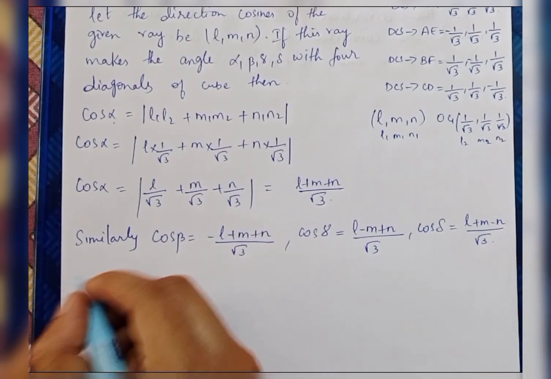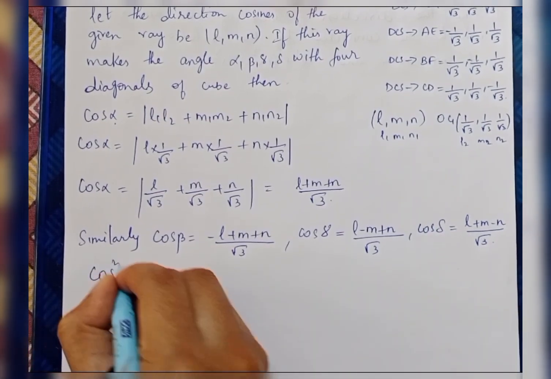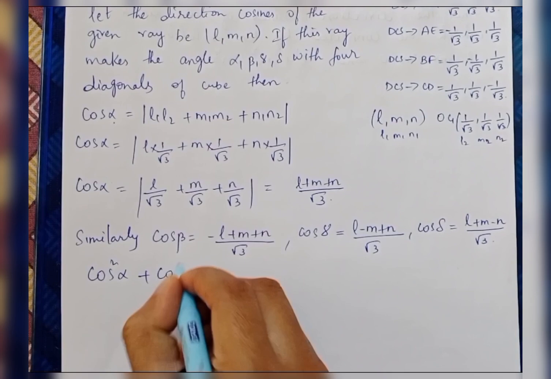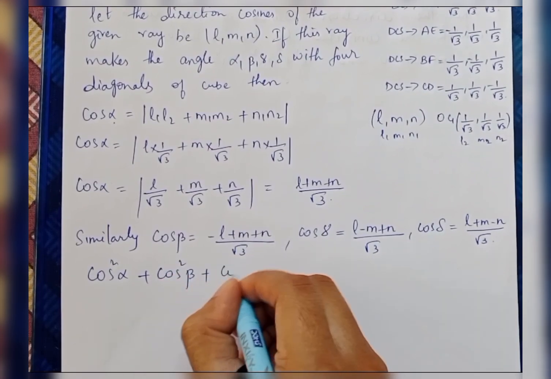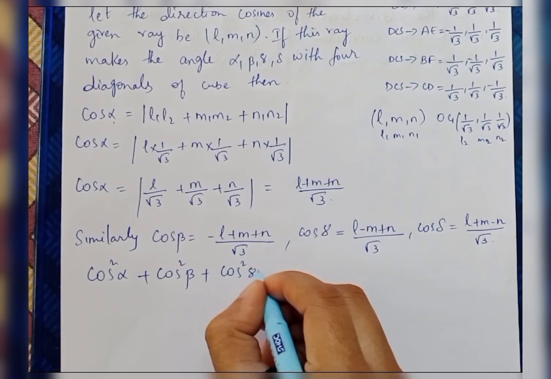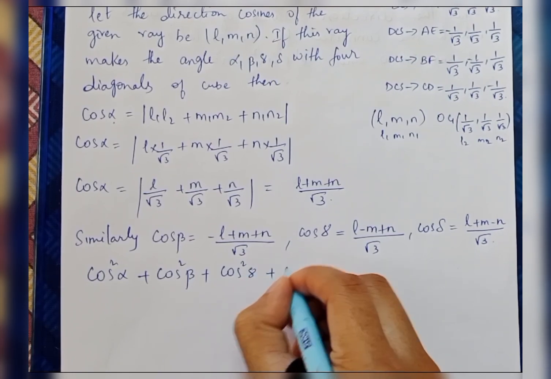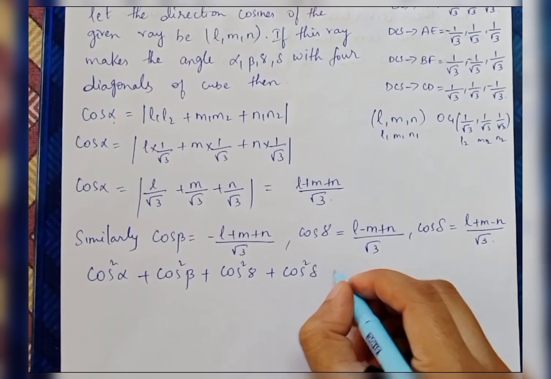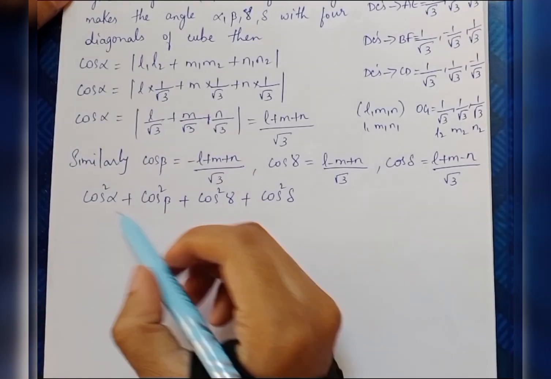Now in the question we have to prove that cos² alpha plus cos² beta plus cos² gamma plus cos² delta has a certain value.